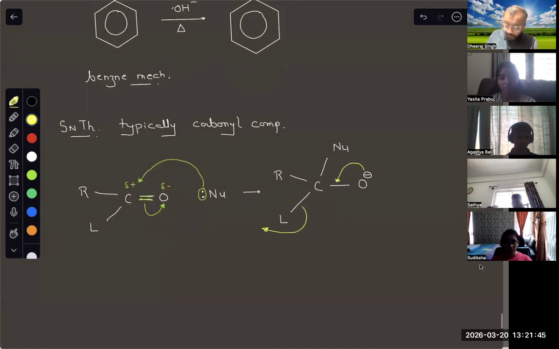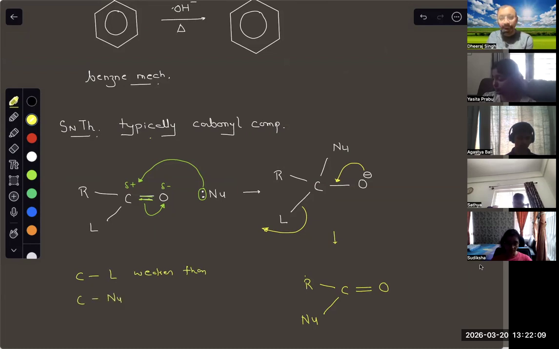Instead of the leaving group, you will end up having the nucleophile. This is what will be formed. Of course, in this mechanism, the carbon to leaving group bond should be weaker than carbon to nucleophile. Otherwise, why would it happen?